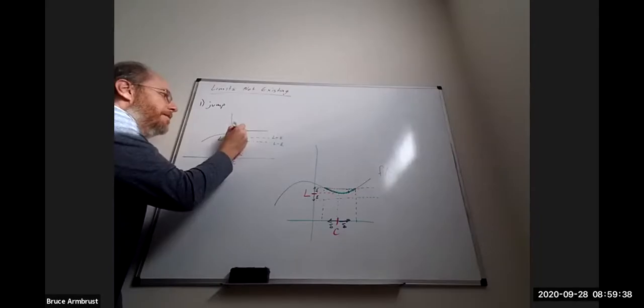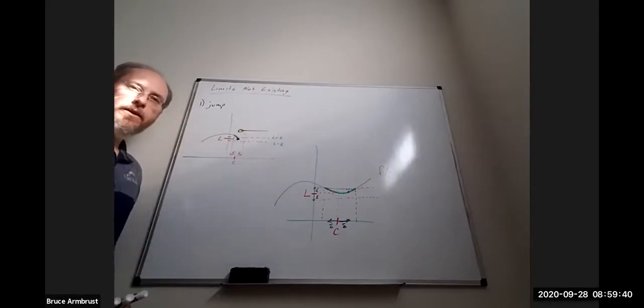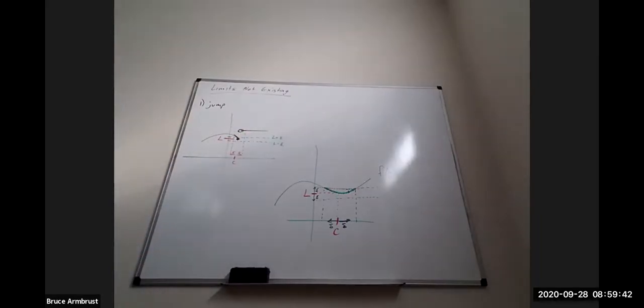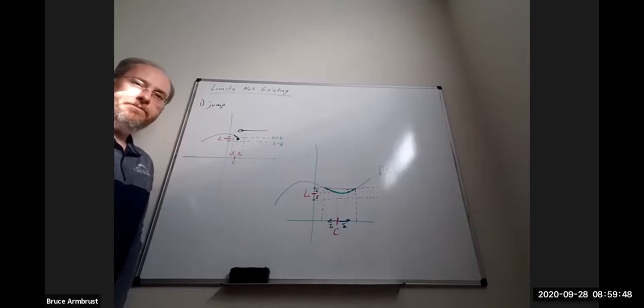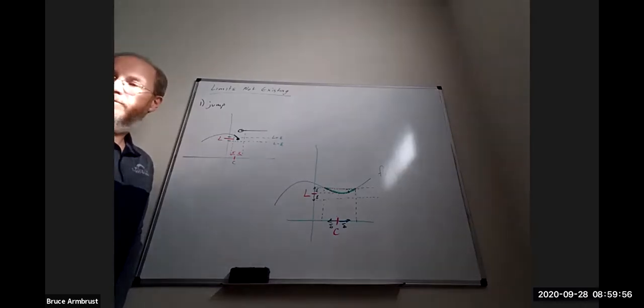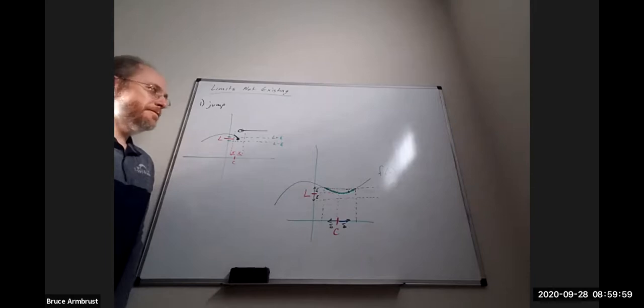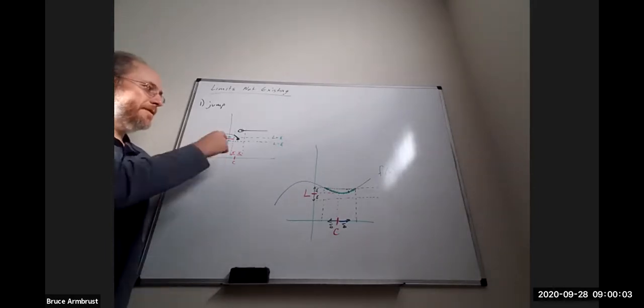We've got this piece right here, and we've got that piece right there. So are all of those blue pieces within the green strip? Think about that function.